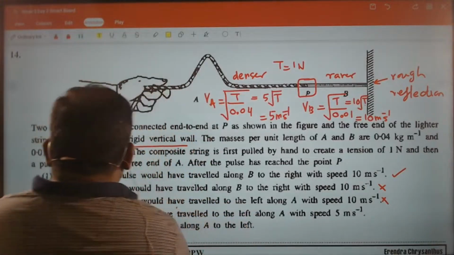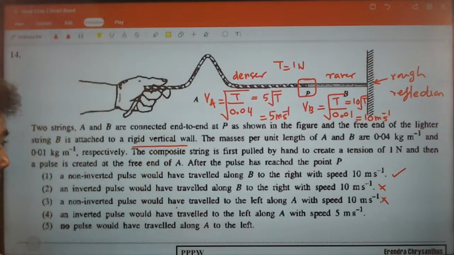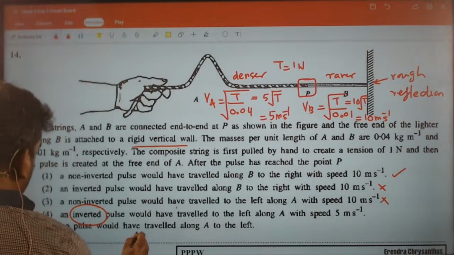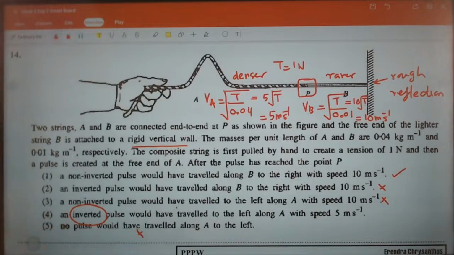Clear? So here, yes, it will not be inverted. No pulse will travel, that's wrong. Look at the fourth answer. What can you say?